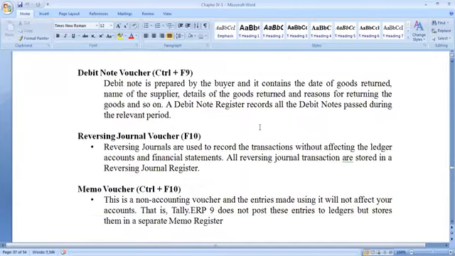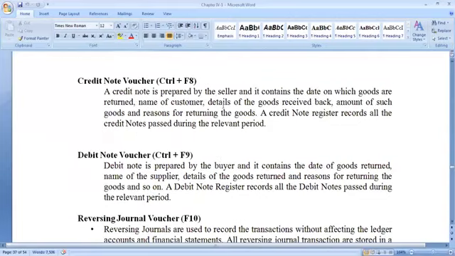In the case of the debit note voucher, the shortcut is Control plus F9. The debit note is especially for purchase returns. So you can say that the credit note voucher is a sales return and the debit note voucher is a purchase return.